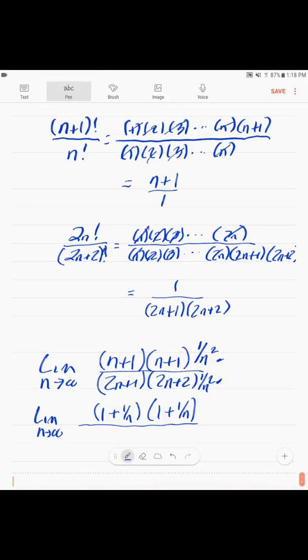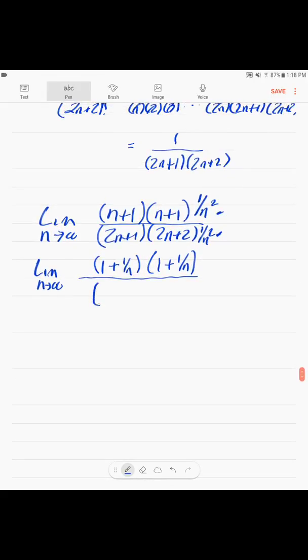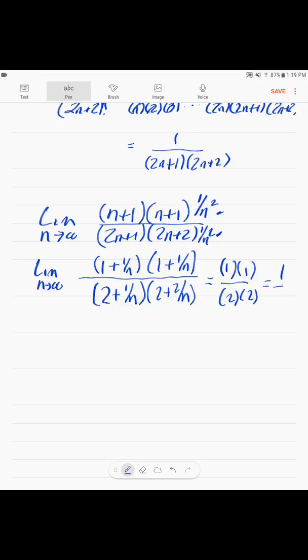Likewise, on the bottom, I will divide the first factor by n and the second factor by n. And so now when I evaluate, I get 1 times 1 over 2 times 2, or 1/4.